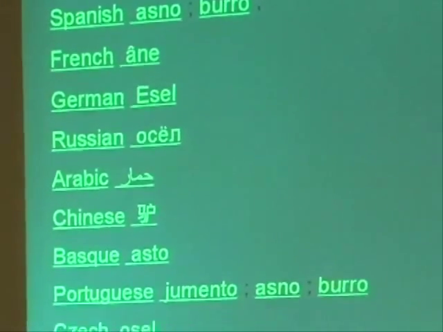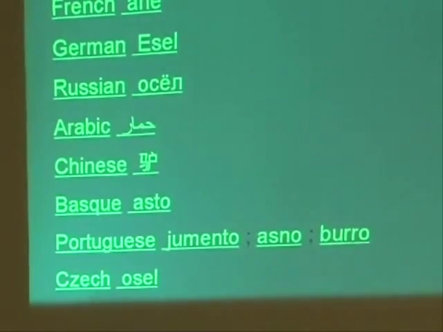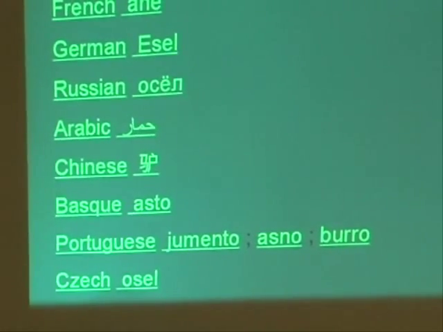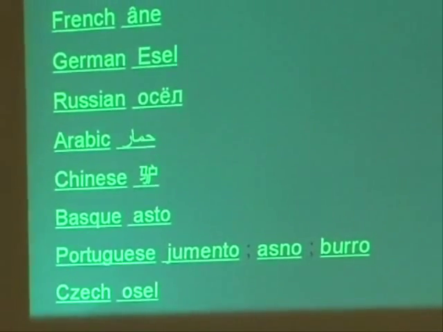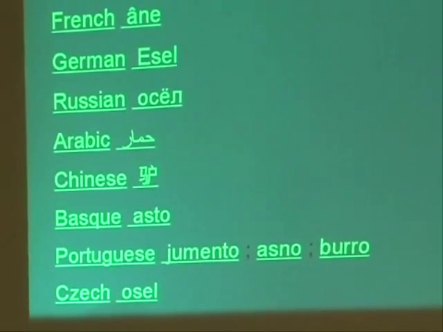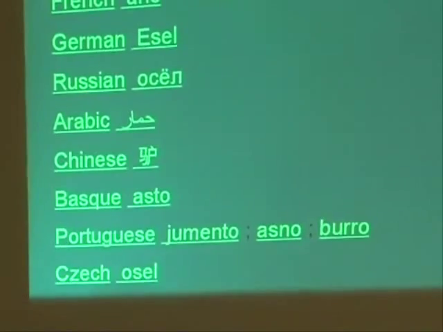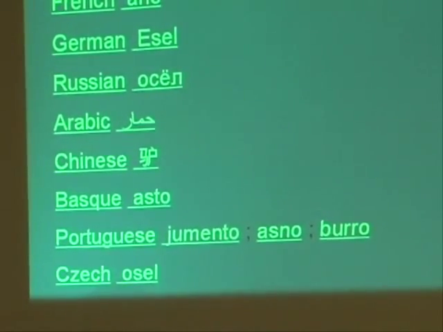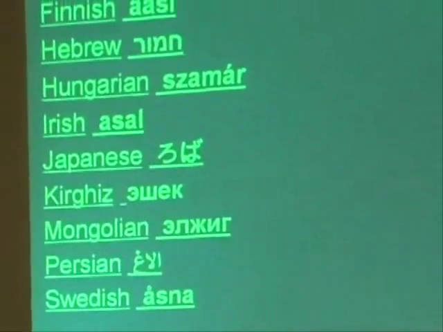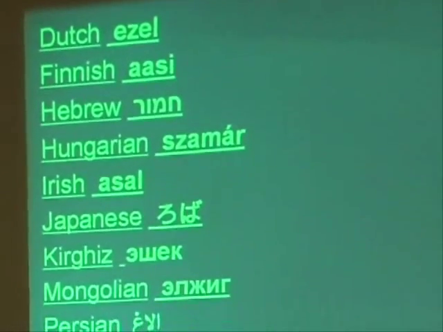Can anybody read the Chinese? No? In Chinese, it's lu. In Basque, it's asto. In Portuguese, it could be jumento or asno. In Czech, it's osel.